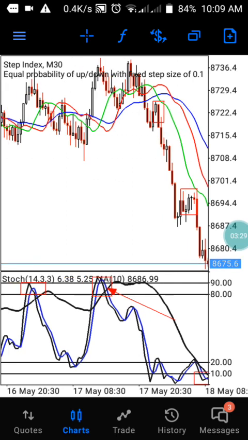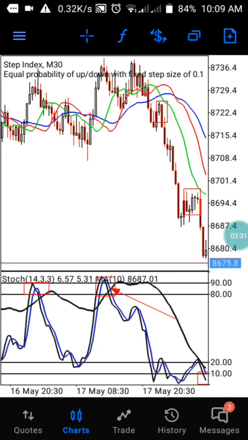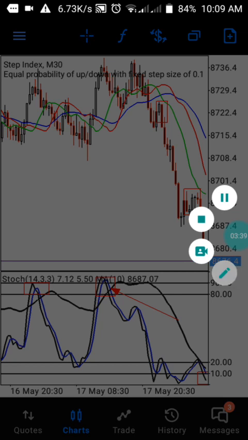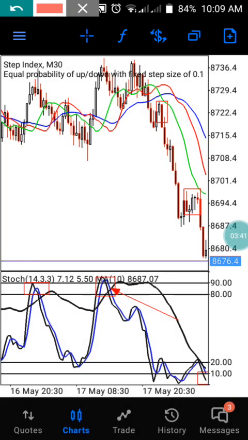What we are going to combine together is the alligator with the oscillator window. What we are going to target on the oscillator window is when our oscillator line is reaching our 80 level and is going to reach our 90 level.